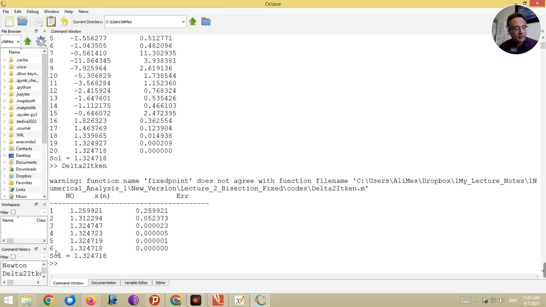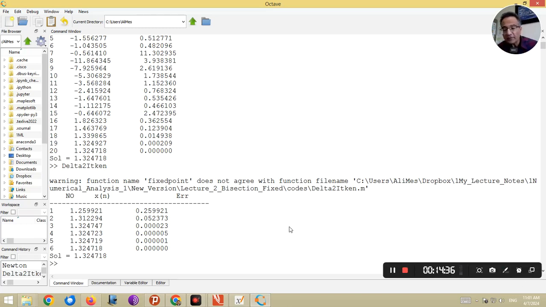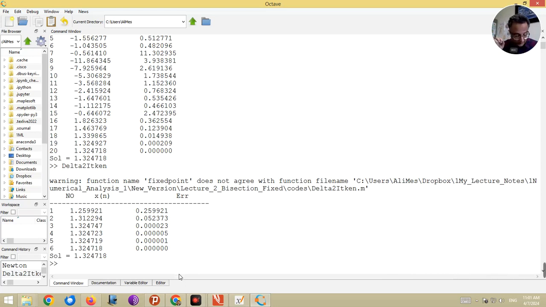You will get just 6 iterations to the same root. So you can see that the speed of the convergence is much faster than the Newton method. So Aitken's delta squared can be a very good choice for finding the roots of a nonlinear equation.